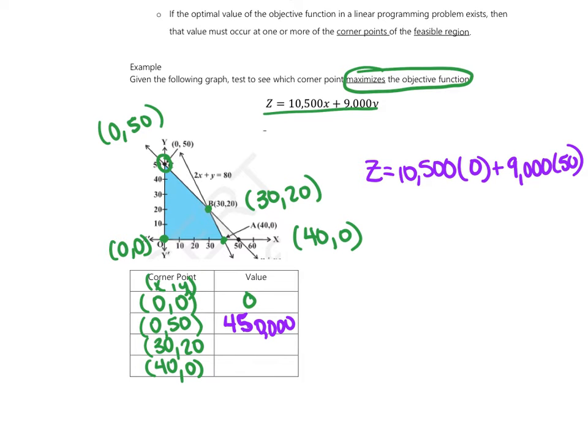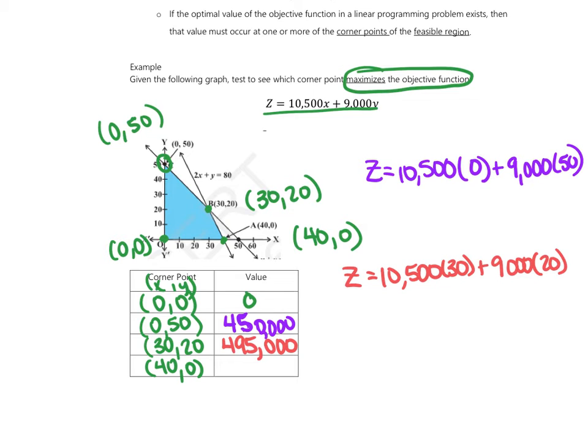Right? If I do the next one, I'll plug in 30 and 20. I get this value right here, $495,000.